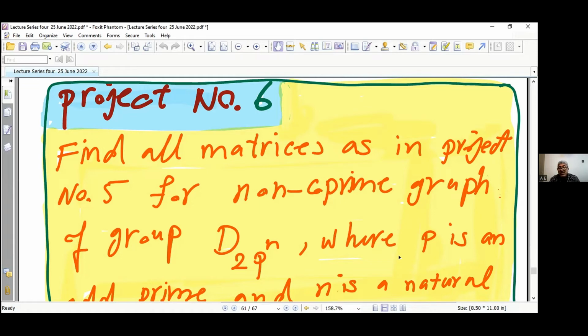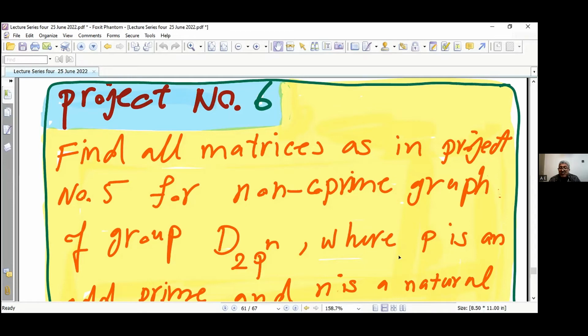You know, for the non-coprime graph, if you remember, the vertex set is the set of all elements of the group. So if you take the dihedral group of order 2 times p to the n, you will have 2 p to the n vertices.